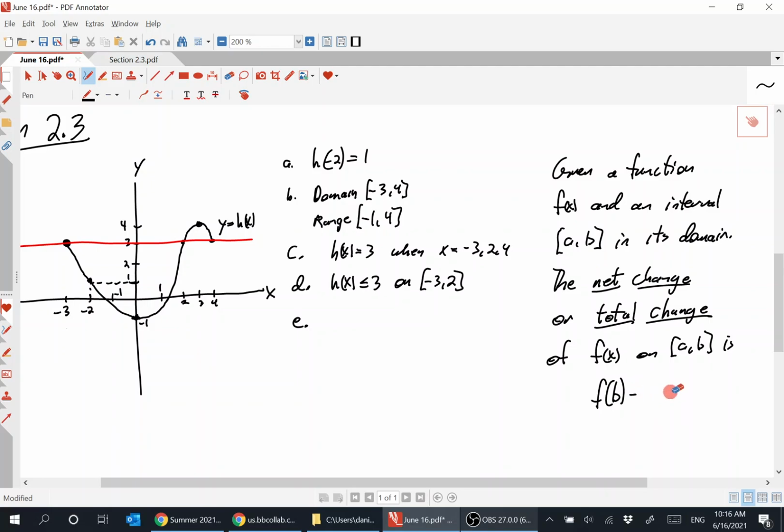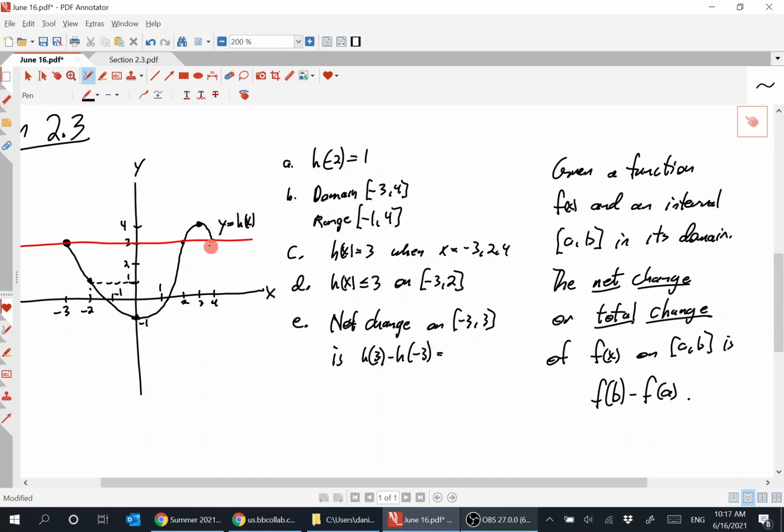Okay, of course, that's not a very useful measure because the net change could be 0, like this function here. The net change of h from minus 3 to 3 is h of 3 minus h of negative 3.